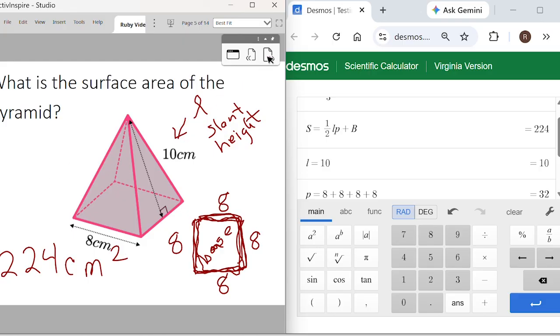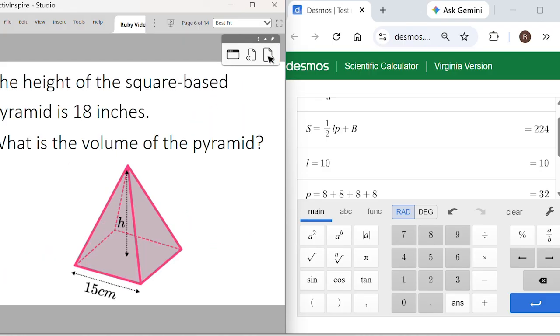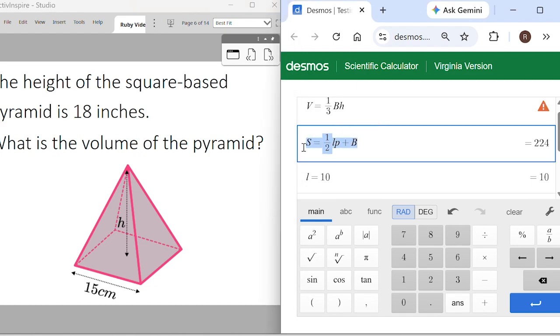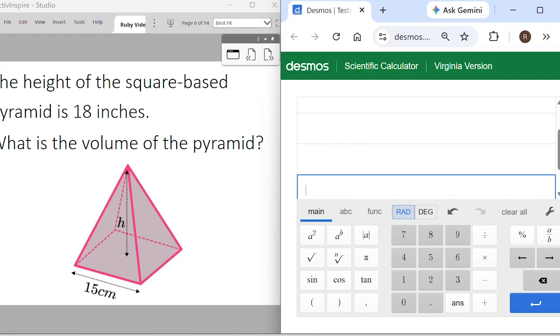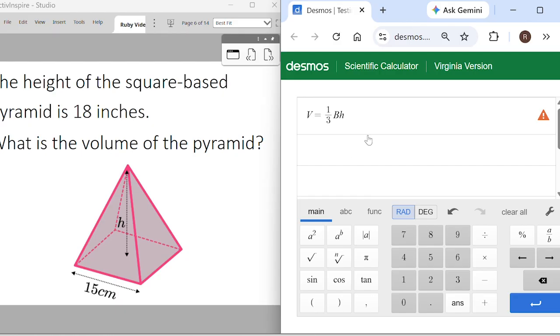All right. The next one says the height of the square base pyramid is 18 inches. What is your volume? Well, I'm not going to use this formula anymore since we're going to do volume. And down here at the bottom, that cone formula keeps sneaking up on me, but it's okay. We'll use it later. So we are going to find the volume of a pyramid. Again, I'm going to ask myself some questions.